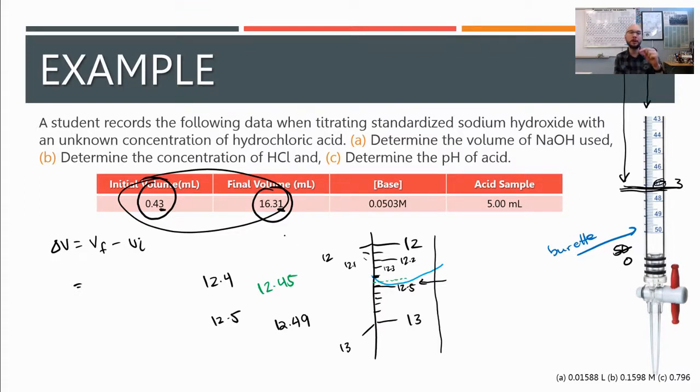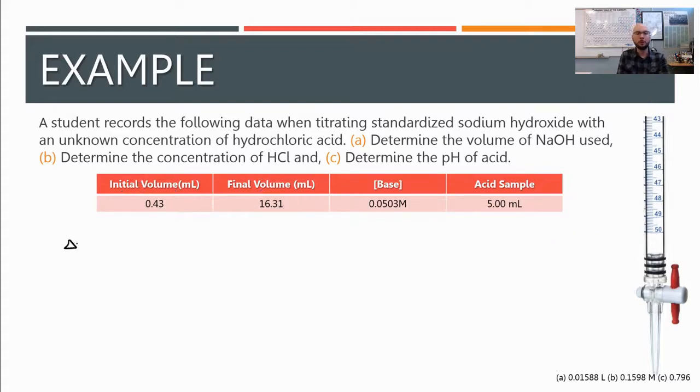And then the student doing this titration reads it again at 16.31. So when we're trying to figure out the volume here, so 16.31, we'd go VF minus VI. We've got 16.31 minus 0.43, which gives us 15.88.